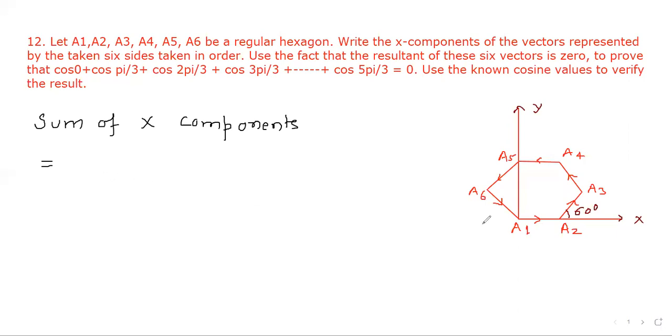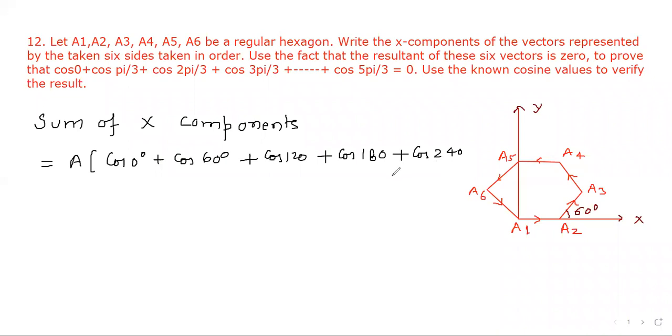It will be equal to, let the magnitude of each vector be capital A, so A common: cos 0 degree for this, plus cos 60 degree for this vector, plus cos 120 for this, then cos 180 for this, then cos 240 for this vector, and then plus cos 300 degree for this.